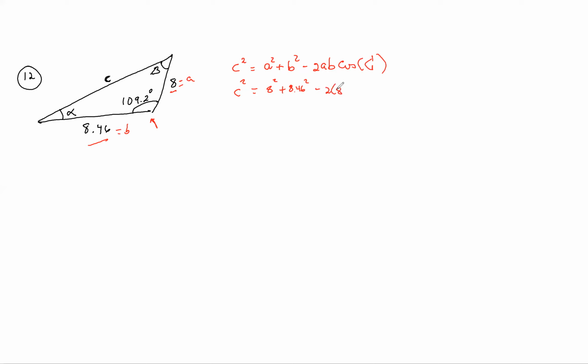Two times 8 times 8.46 cosine. What is the opposite for the small c? 109.2. We need a calculator.